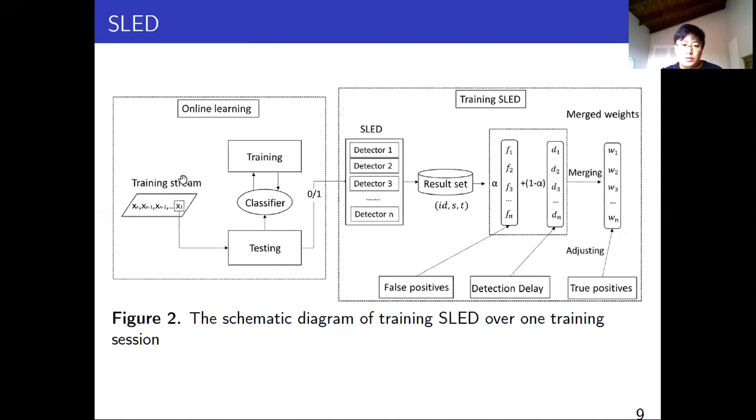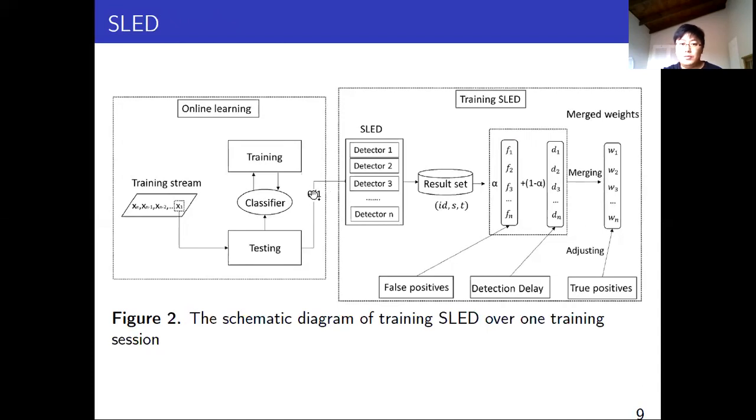We've got a training stream over here, and each of the data instances from the training stream will first go through a classifier, and then we get the classification result for the data instance, where 0 represents a correct classification and 1 represents an error.